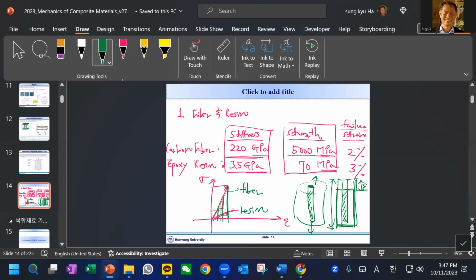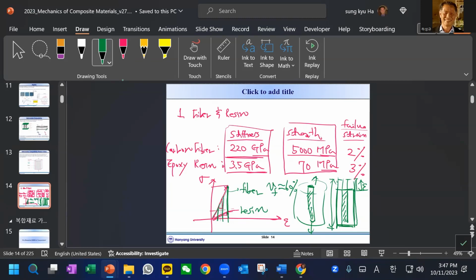And why is this so important? Well, as you can see, the fiber is taking over most of our load, and the fiber volume fraction is about 60%.